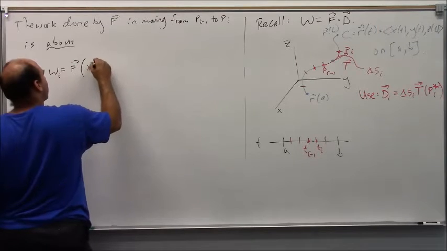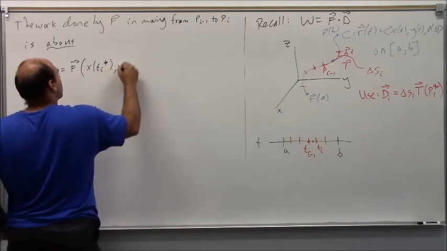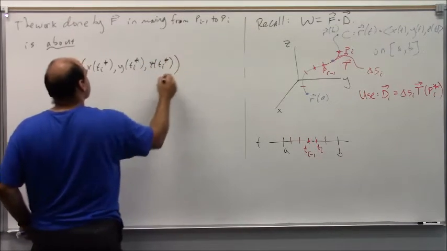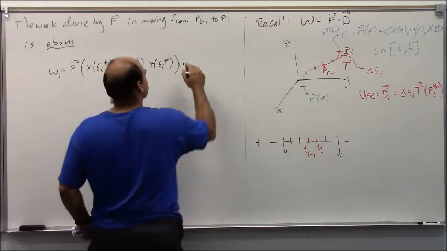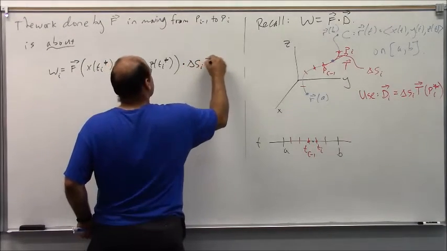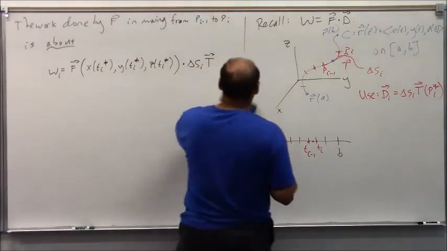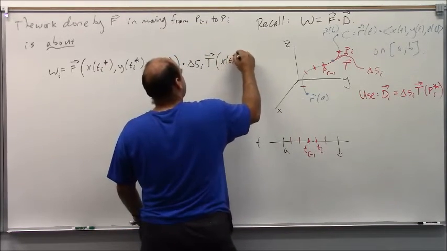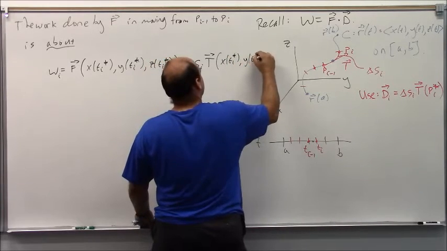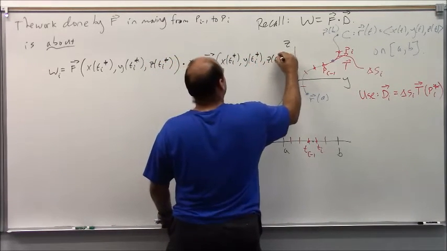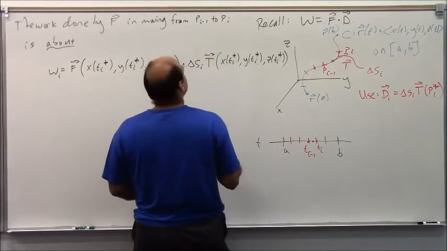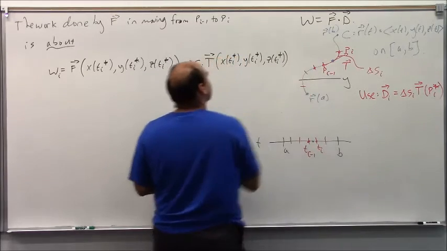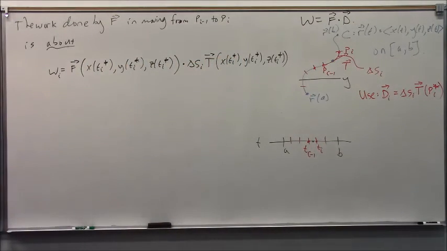So this is x of t_i star, y of t_i star, z of t_i star, dot delta s_i times T at x of t_i star, y of t_i star, z of t_i star. Okay, it's that dot product. It's still F dot D.